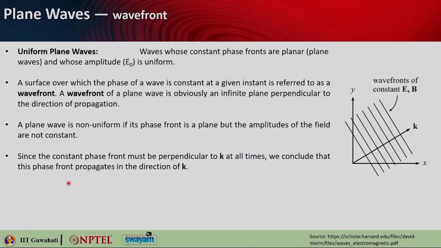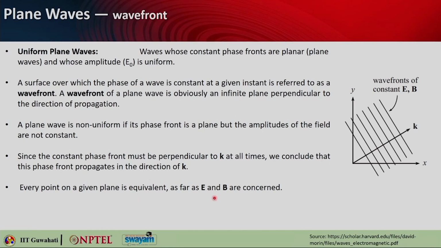Now since the constant phase front must be perpendicular to the wave vector k all the time, we can conclude that the phase front also propagates in the same direction as your wave. So the phase front has to travel in the same direction as your k, and every point on a given plane is equivalent.